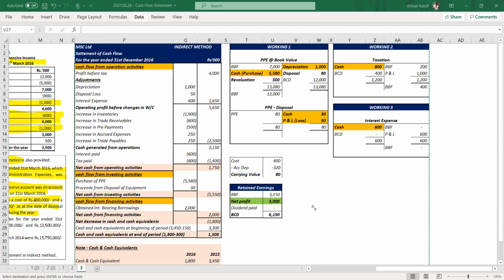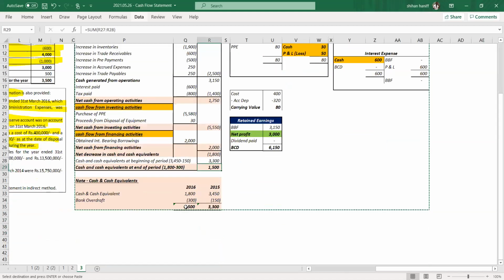So change in cash and cash equivalent, there is a question. The change in cash and cash equivalent should be equal to the net value of all the activities. All these activities plus this opening balance should be equal to the closing balance. So you should get the closing balance as 1,500. That's the closing balance.